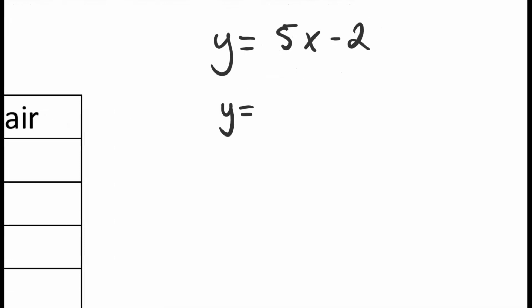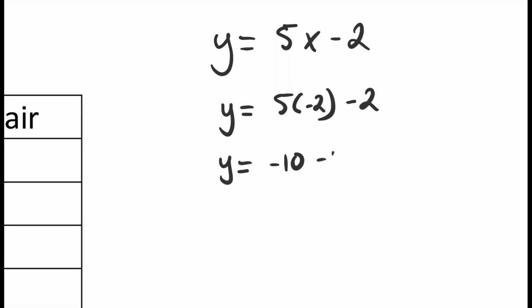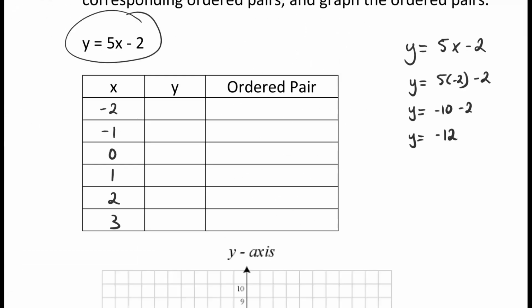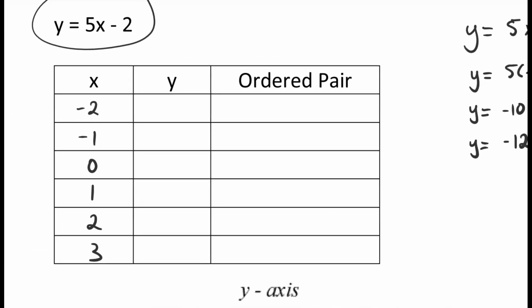So y equals 5, then in brackets, negative 2, subtract 2. Y equals 5 multiplied by negative 2, which gives you negative 10, subtract 2. Y equals negative 10 subtract 2, negative 12. So when we use negative 2 for a value of x, it resulted in y being negative 12.